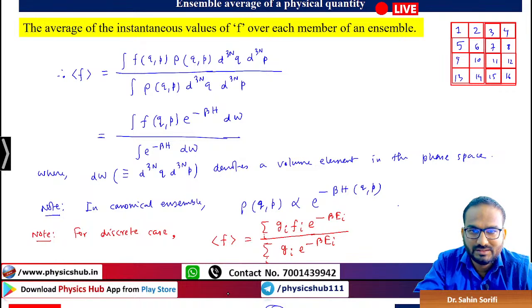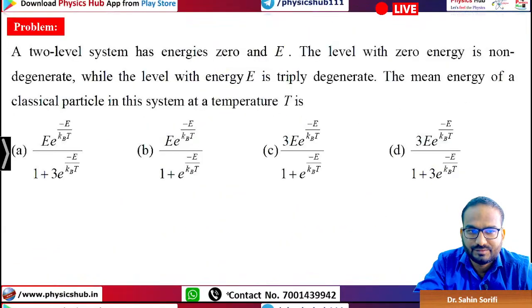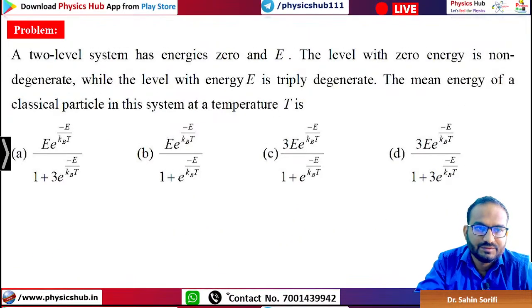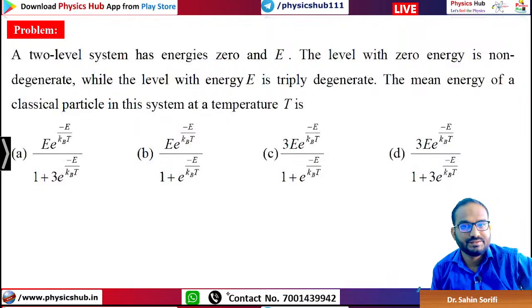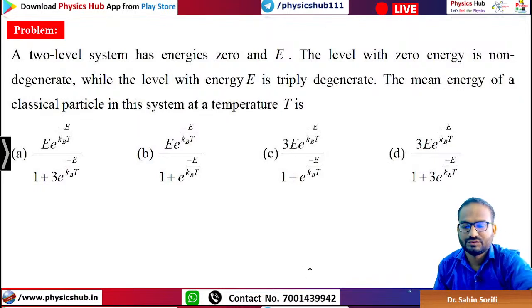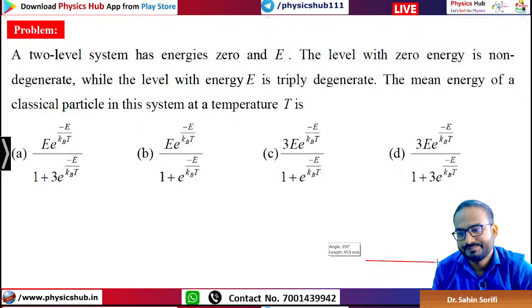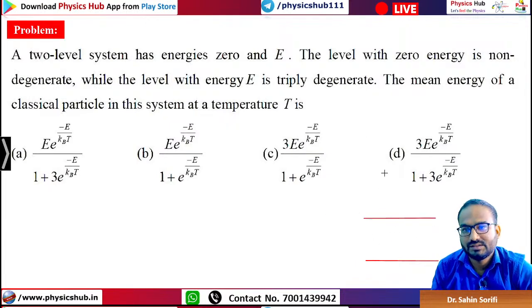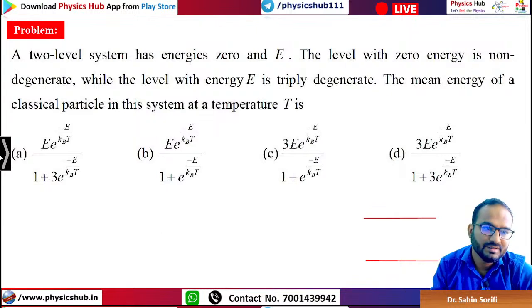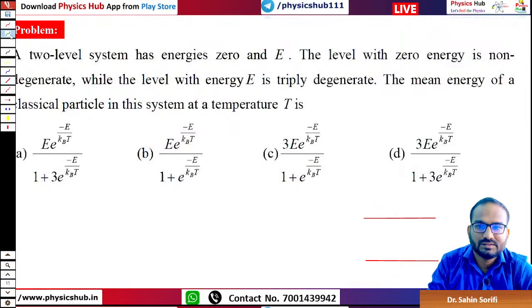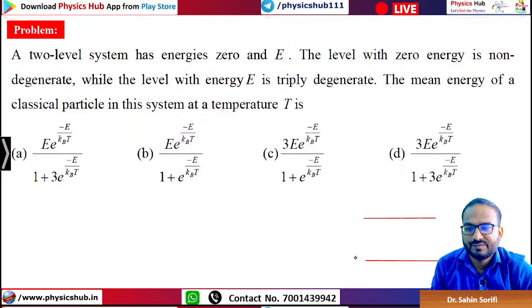Let us try to understand it with a problem. A two-level system has energies 0 and E. Obviously the level with 0 energy is non-degenerate; it has only one energy value.